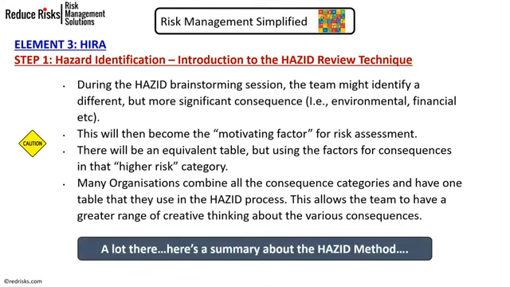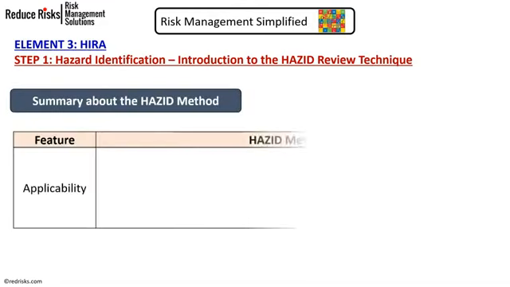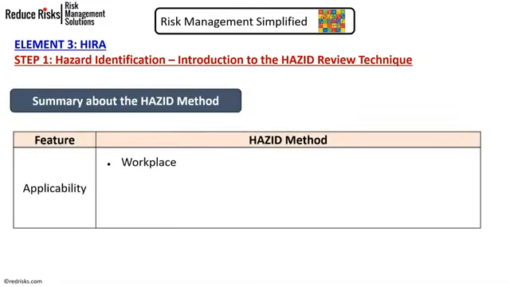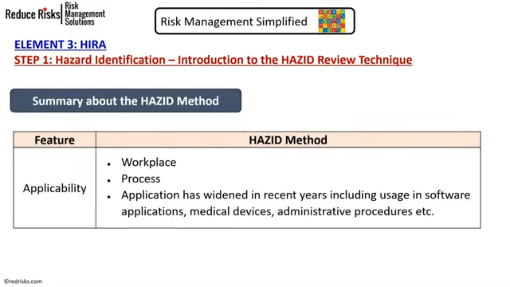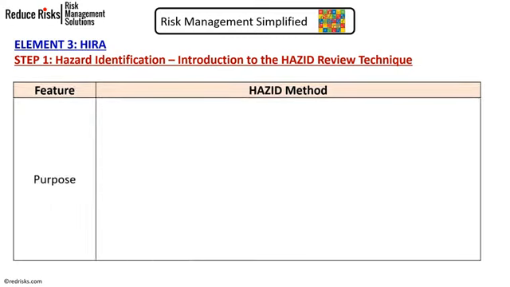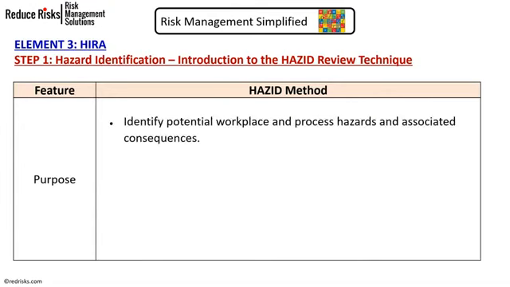A lot there, but here's a summary about the hazard method. So its applicability is in workplaces, processes, and application has widened in recent years, including usage in software applications, medical devices, and administrative procedures. The purpose is to identify potential workplace and process hazards and any associated consequences.